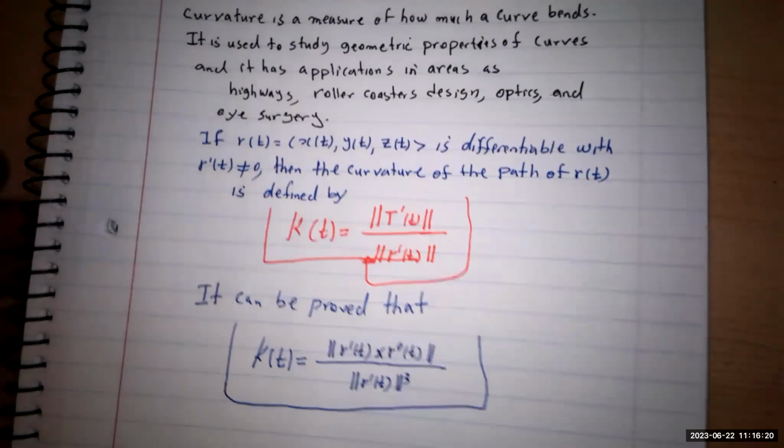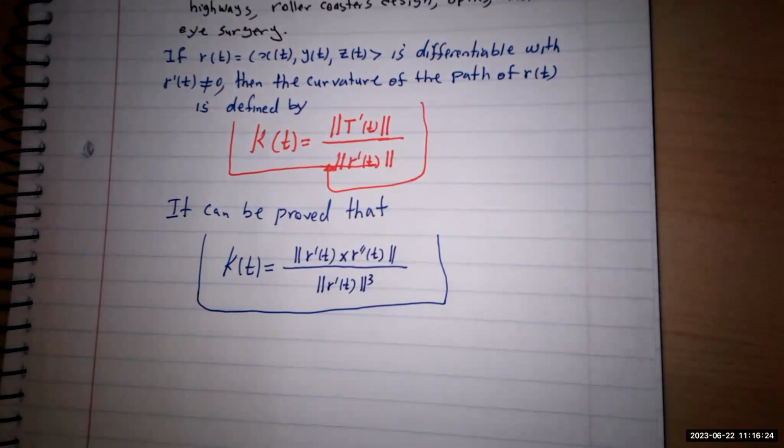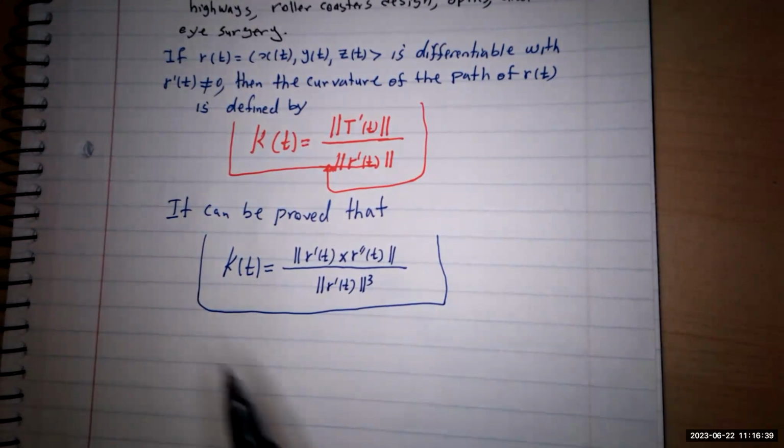You only have one case, so you'd better use this second one. Make sure you have it and be ready to use it. It's good practice for the cross product.